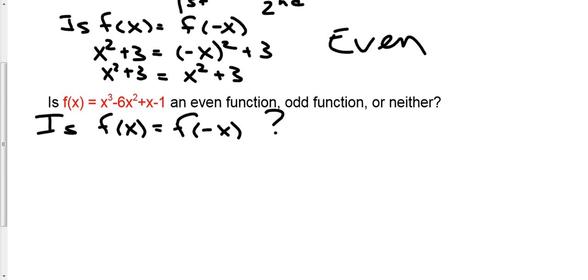By your test, plug in x into f of x and you get the same thing, right? Keep doing that. That's f of x, right? What is negative x?